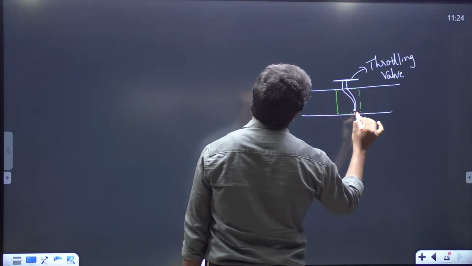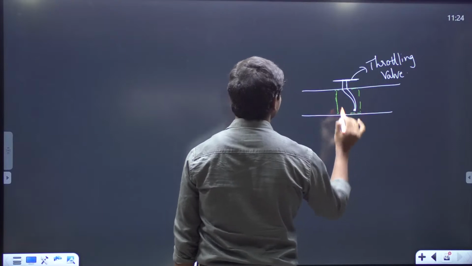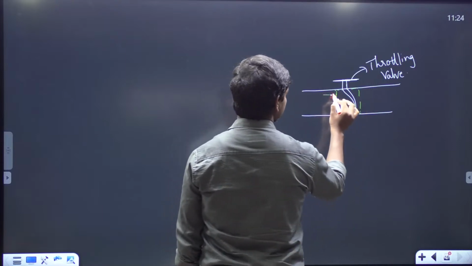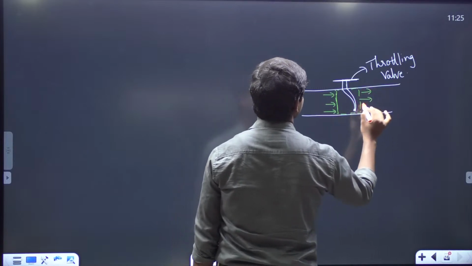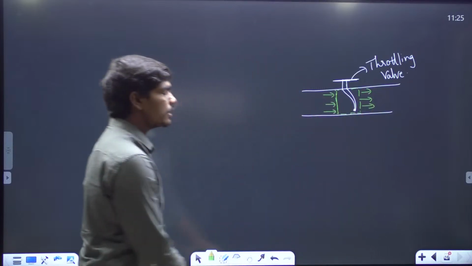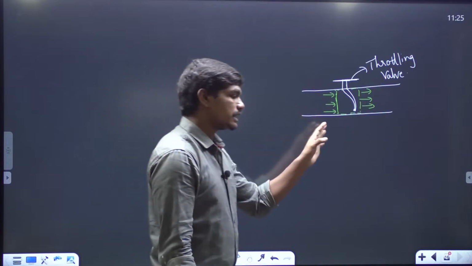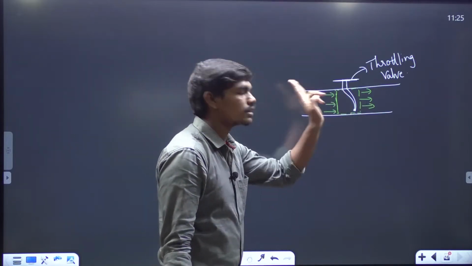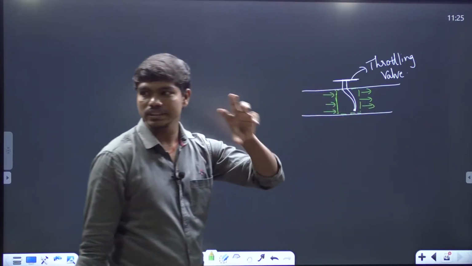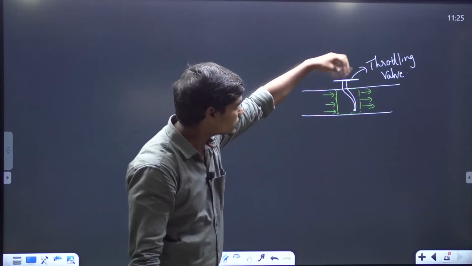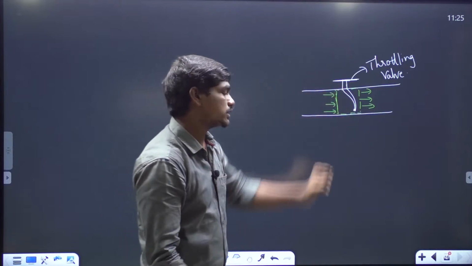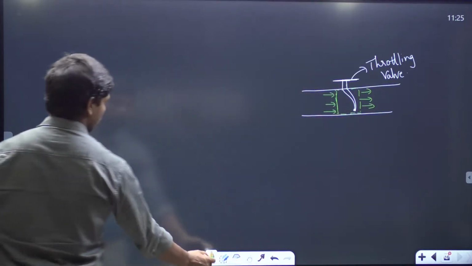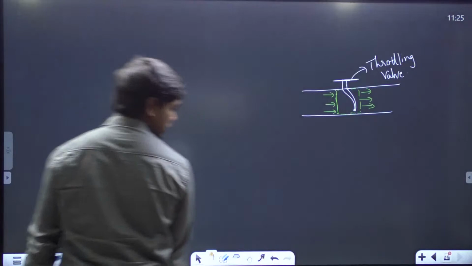If you take this as a control volume, till here the pressure and velocity and all these things are different from this point. Correct? So if you apply control volume steady flow energy equation analysis for this particular part that I have highlighted, which is inside the fluid flow, by rotating this valve, this restriction changes. So this is flow through a restriction. So let us apply the steady flow energy equation here.